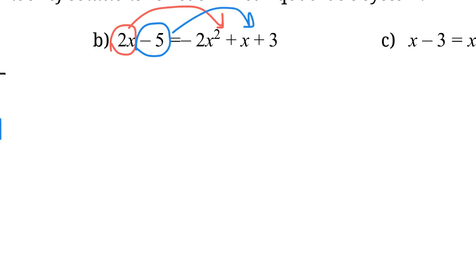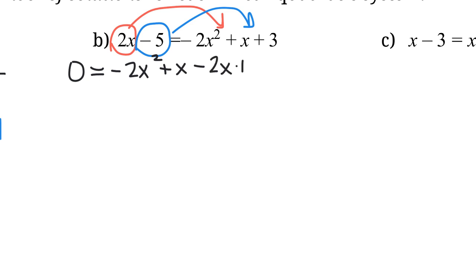So if I move everything over to the right-hand side, that's going to leave me with 0 equals -2x squared. Okay, now it's up to you the order you want to write it in. So I have an x that is still here that I didn't touch, so I'm going to recopy that. But then I have a 2x that I moved over to the right-hand side, so that becomes -2x.